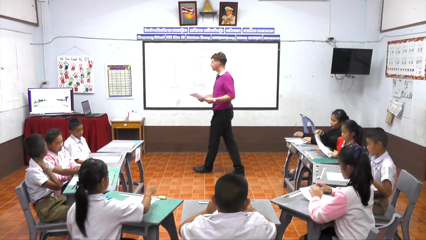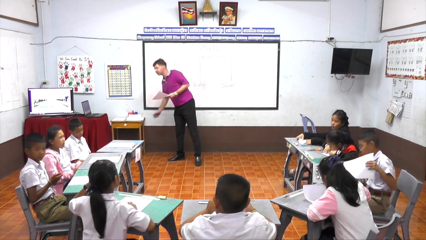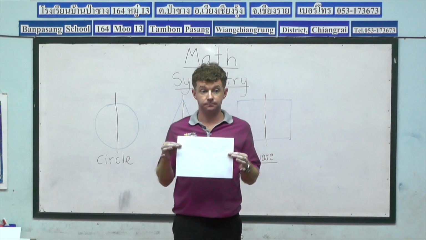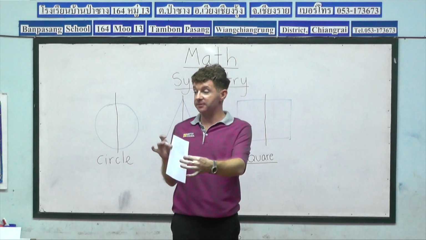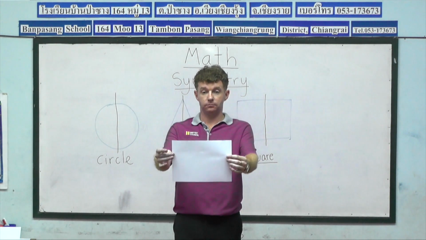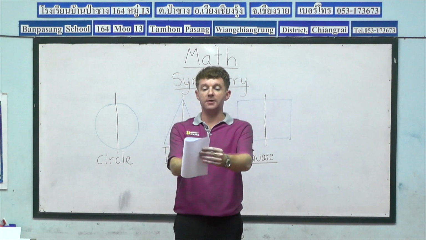Okay, guys, so let's do it together. Step one, have we all got our pieces of paper? Everybody have their paper like this? Okay, first thing to do is fold our paper in half.